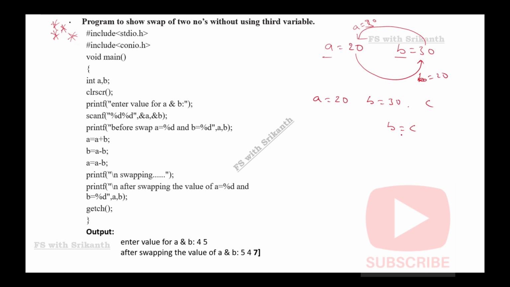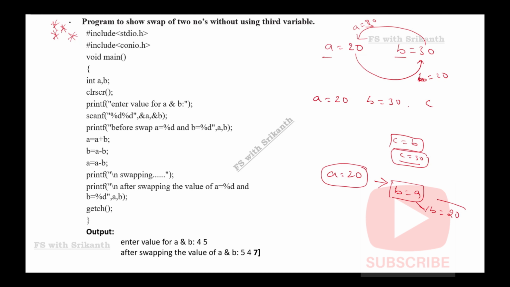Then b equal a. What is the value of b right now? 20. Then we can write a equal c. What is the value of a right now? 30.